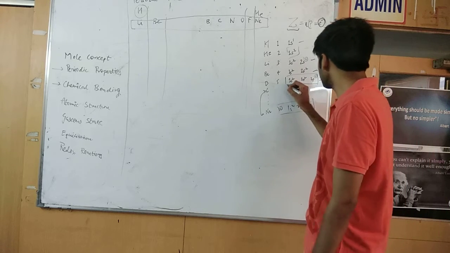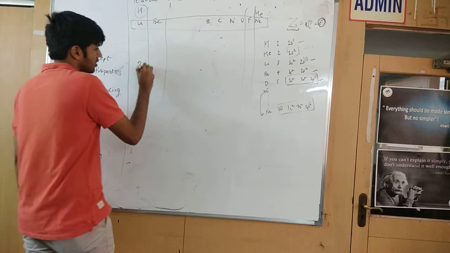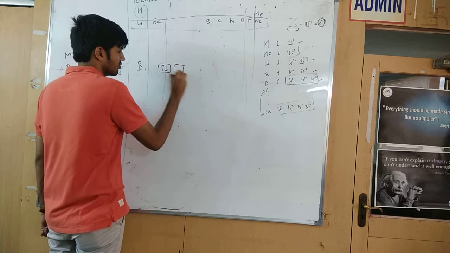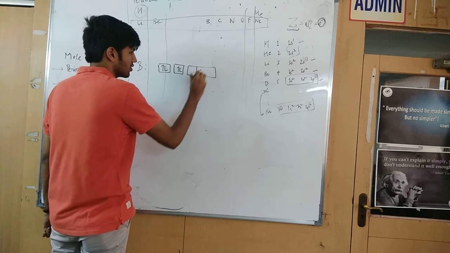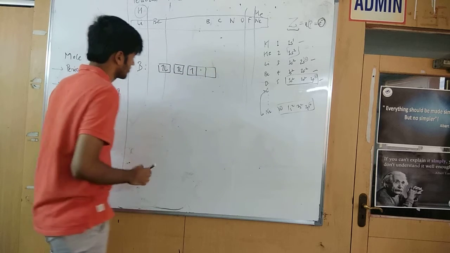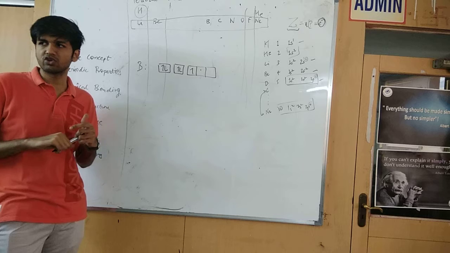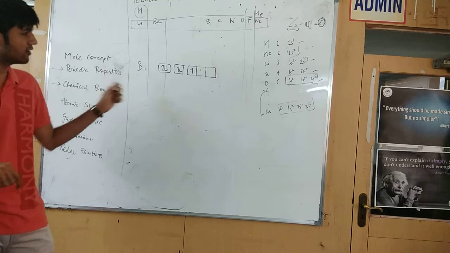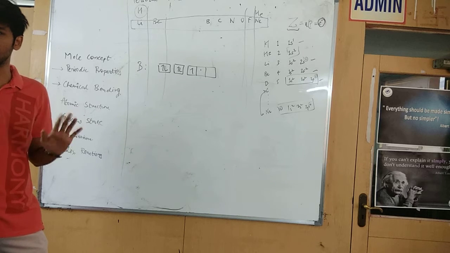So on that note, if I check boron, 1s2 2s2 2p1. Now to get to a stable state, what should boron do? What options does boron have to get to a stable state? Stable state means to have filled electronic shells.